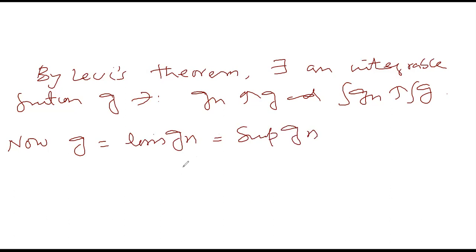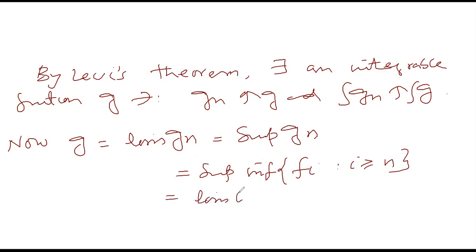What's gn? That's the infimum of fi for i greater or equal to n, and the supremum of that is the definition of limit inferior of fn. So this g is actually equal to the limit inferior of fn almost everywhere.